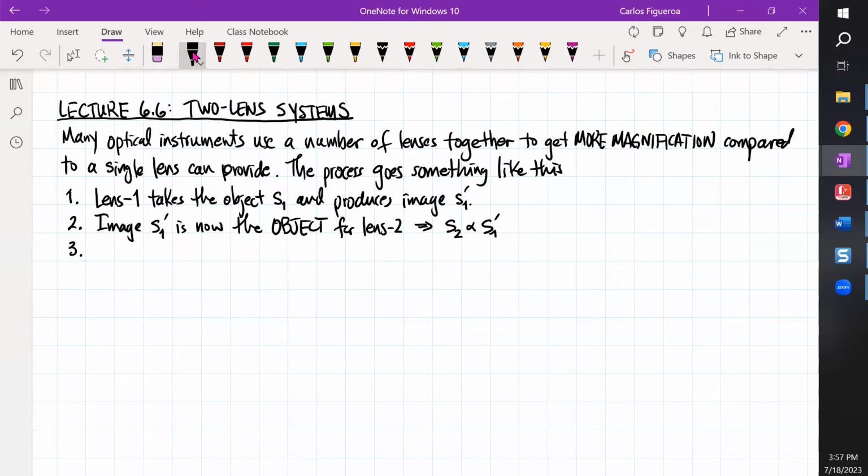3. Lens 2 now creates a final image S2 prime.